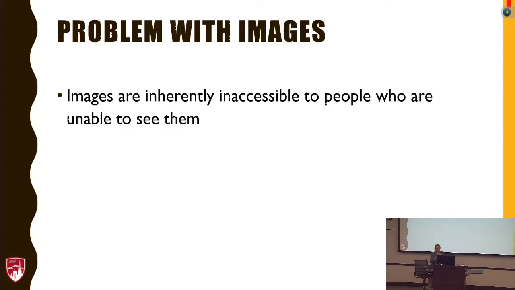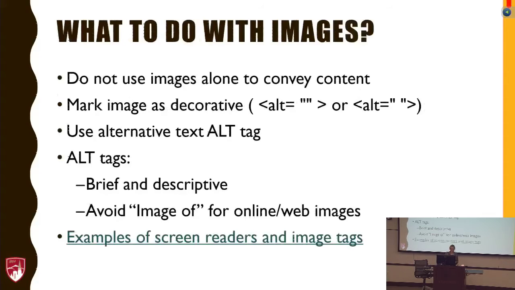So think about that. Do not use images solely to convey information. Even if you have a graph image, you cannot rely just on that to convey it. You have to have a paragraph describing the content that's in that image.